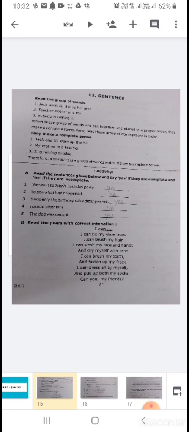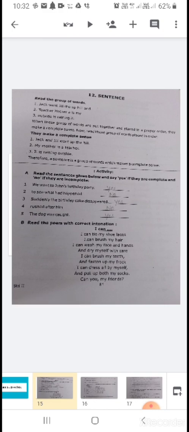"Suddenly the birthday cake disappeared." Yes, it gives a meaningful sense. Fourth is "Rushed after him." Is it a meaningful sentence or not? No. Rushed after whom?